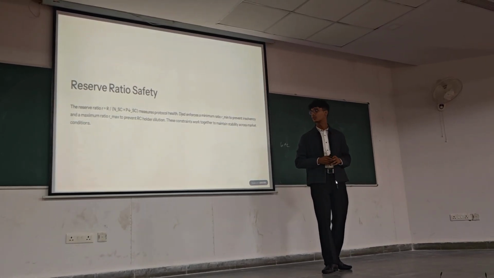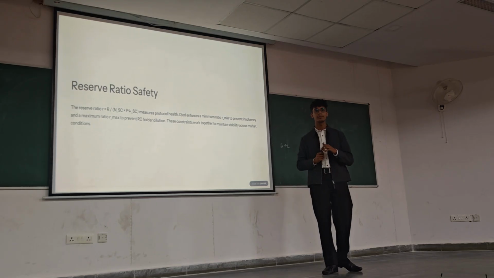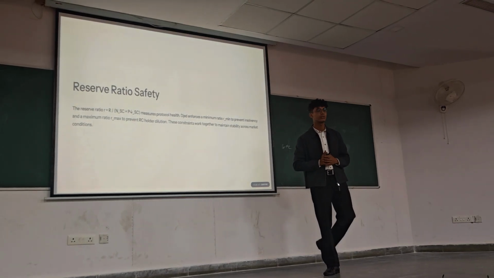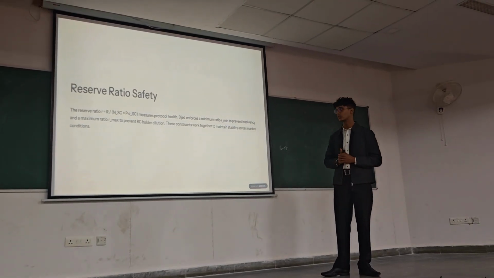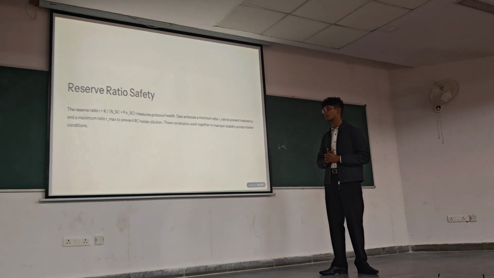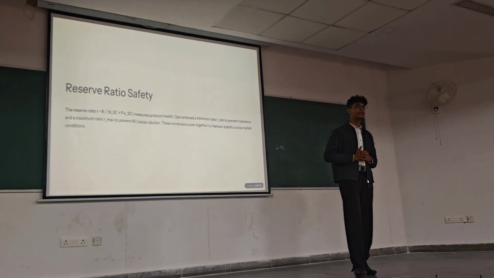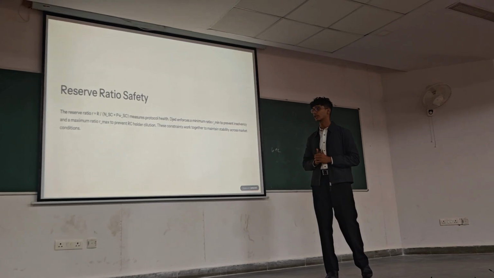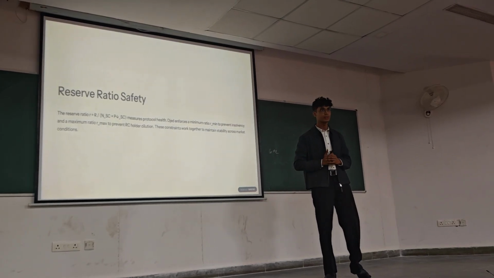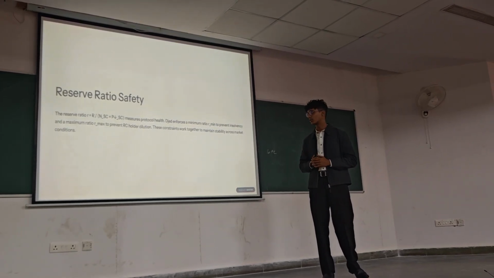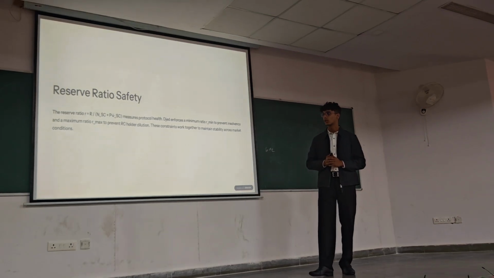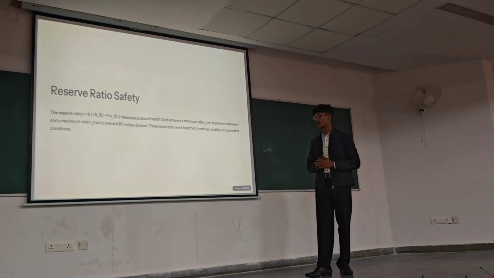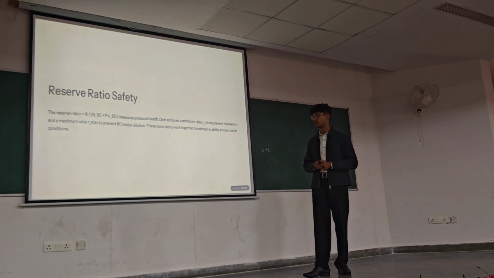If the reserve ratio max is set as a certain threshold, and if the current reserve ratio goes above that, then we don't want to allow operations. Why this is done again is to maintain a certain solvency in the protocol, so that users are not able to inflate the prices of reserve coin and over-collateralize the protocol, and at the same time the protocol doesn't become insolvent and go below a minimum threshold here.